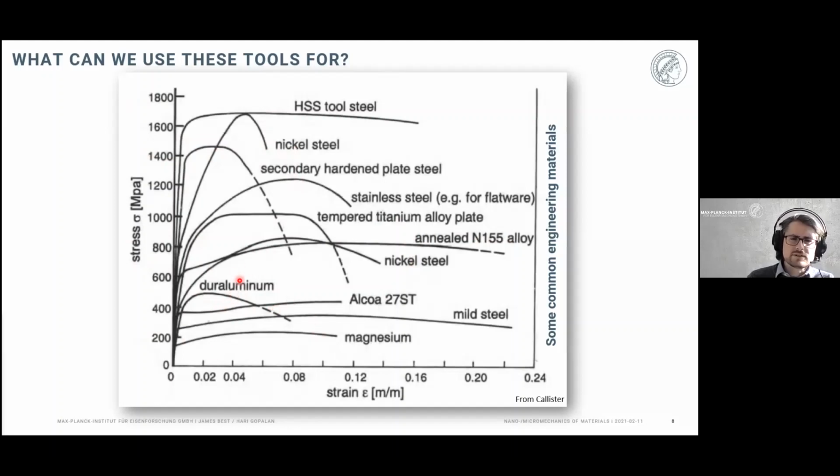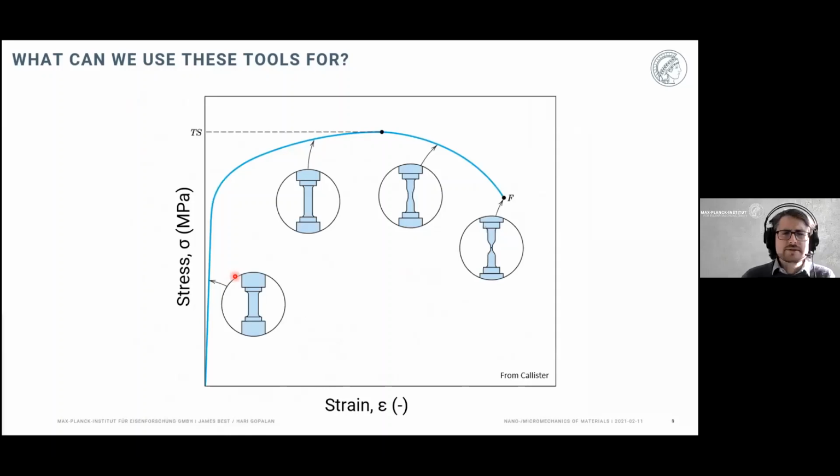And we see that, of course, in the bulk scale stress strain curve. And so what we want to do then is take those fundamental features of stress strain diagrams and also analyze those features or characteristics at those small scales.